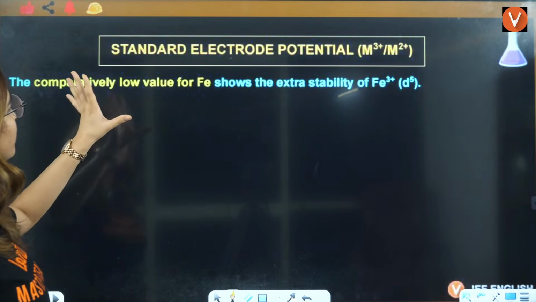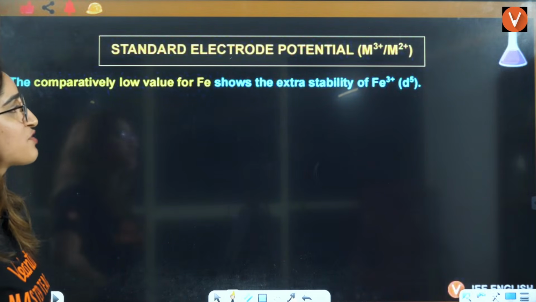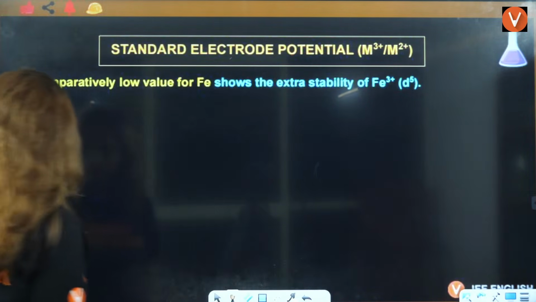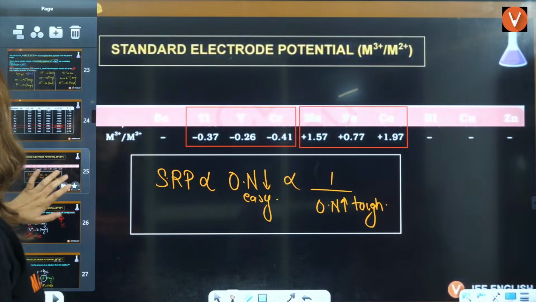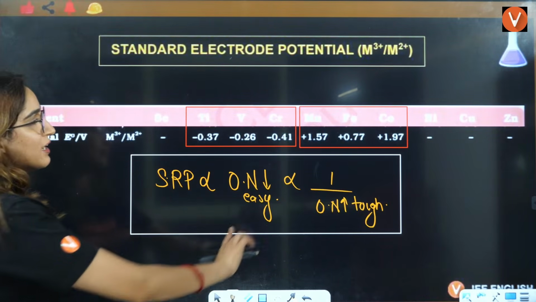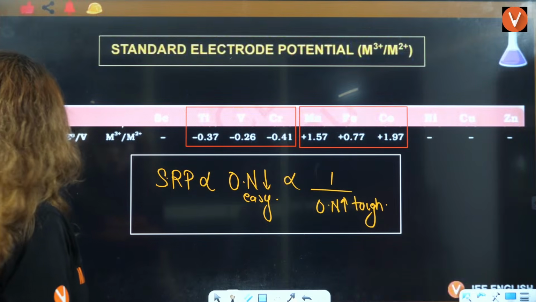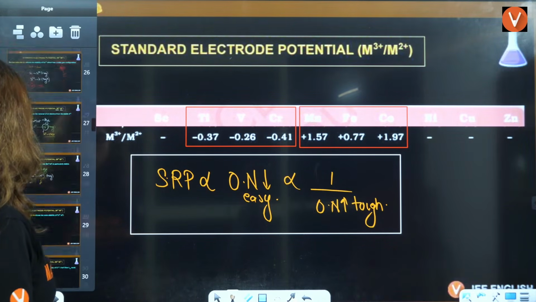Next is the comparatively low value for iron, which shows extra stability. If you see this particular table, this is from your NCERT only. For iron it is 0.77, which is comparatively low. So why is it comparatively low?